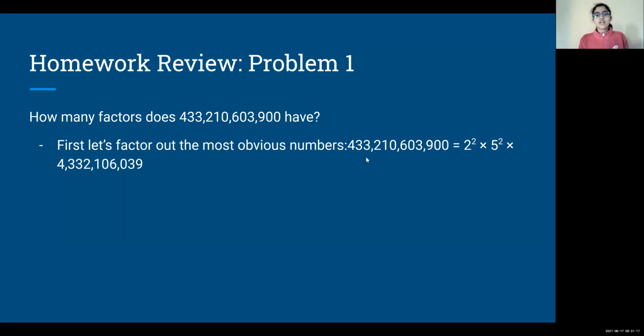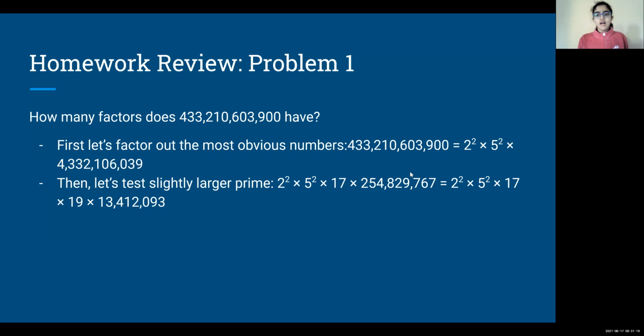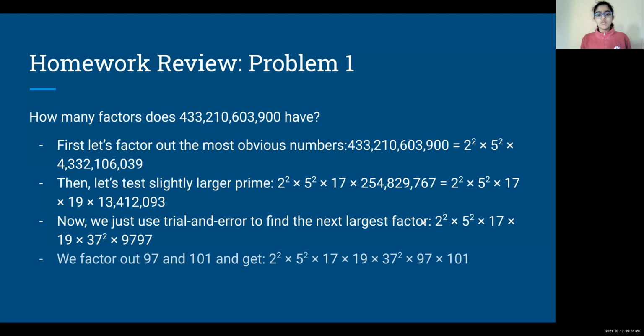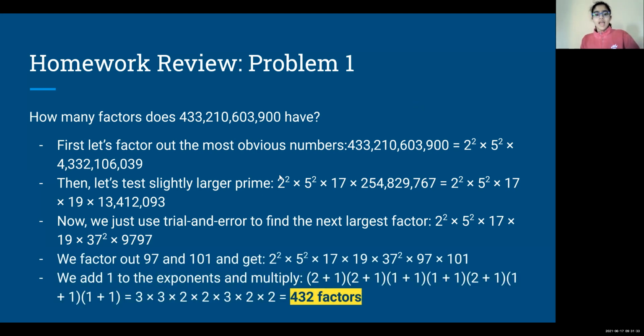To do that, we factor out the most obvious factors, which are 2 squared and 5 squared, which are 100. And then we factor out 17, then 19, then 37 squared, and then 101 and 97. And then we add 1 to each of the exponents and multiply them together. And we get 3 times 3 times 2 times 2 times 3 times 2 times 2, which is 432 factors.